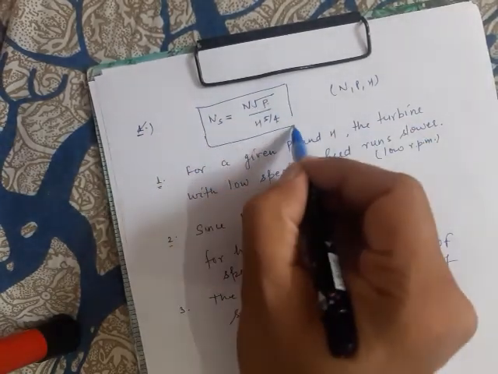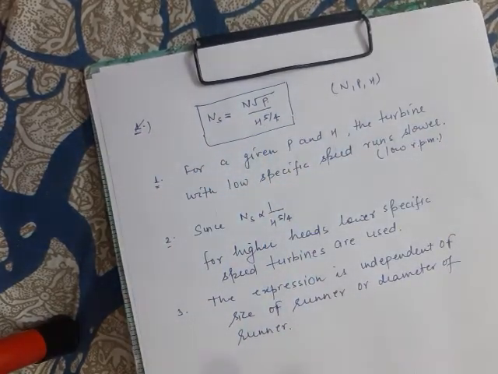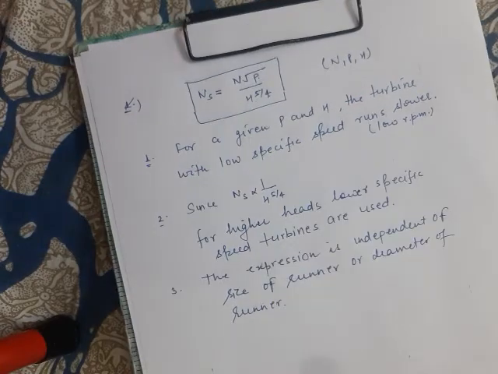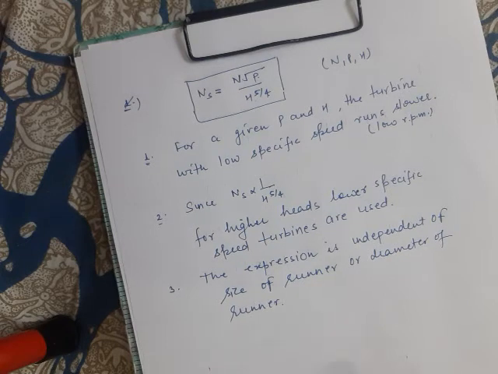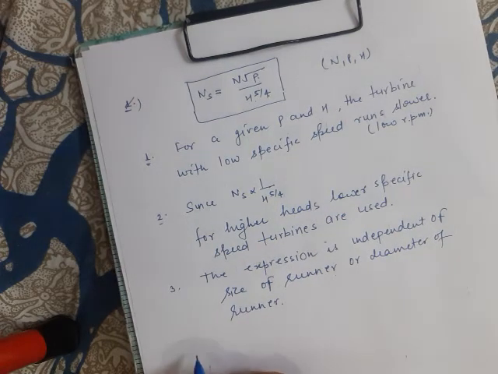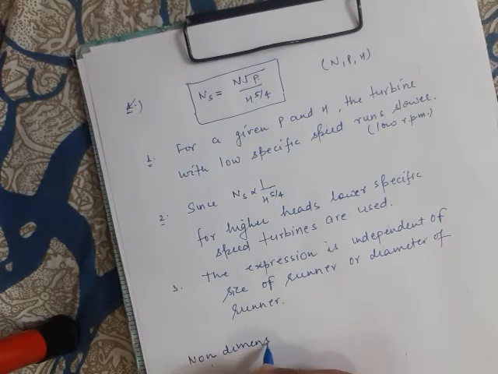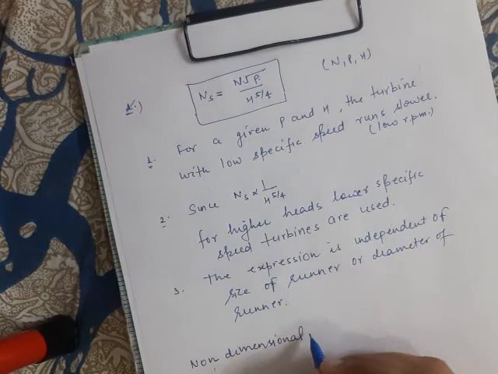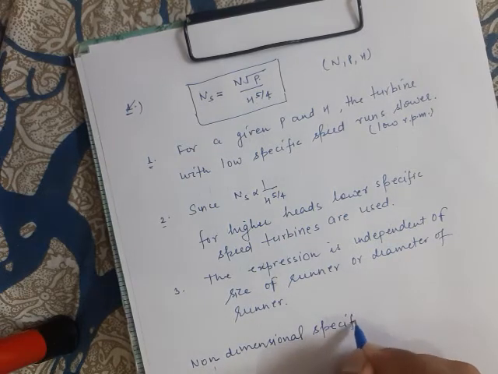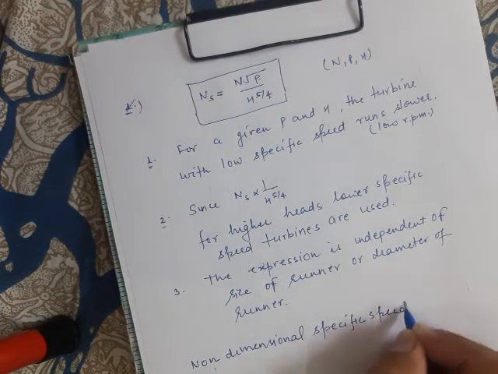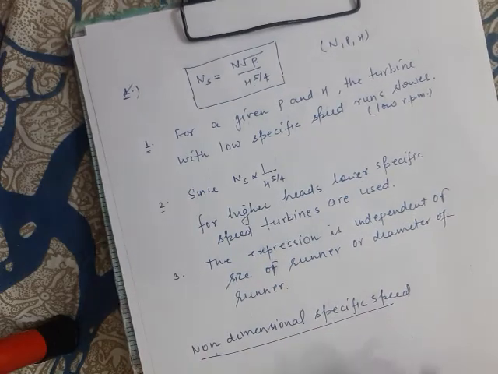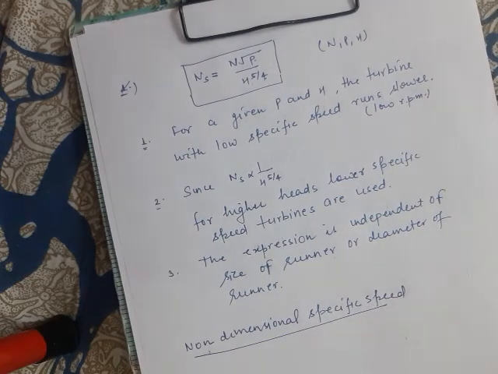I am again going to tell you that specific speed is a dimensional term, having dimensions F raised to power 1 by 2, L raised to power minus 3 by 4 and T raised to power minus 3 by 2. Now I can also define a non-dimensional specific speed, which is also known as shape number or shape factor.